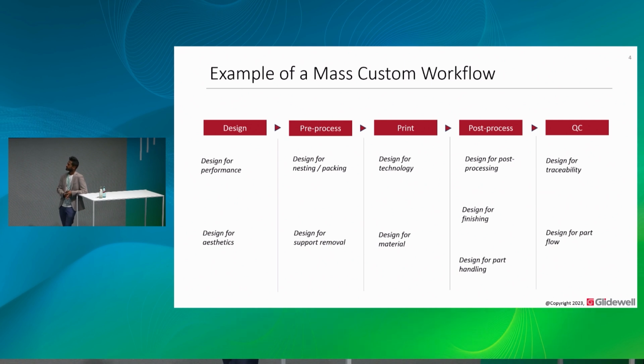And then the last piece of it really is part flow. So between any of these steps, depending on what the part handling looks like, whether it's between a vapor smoothing step and a QC step, or between just the printer and the depowdering step, being able to design elements of the bike grip based on the part flow is really important, but it also saves you a lot of time.